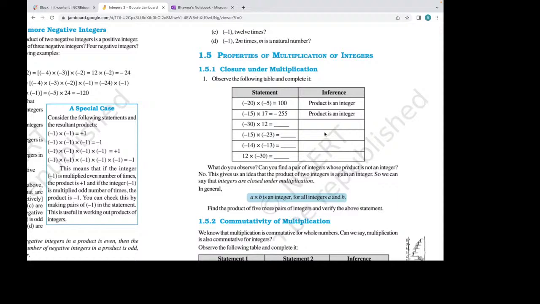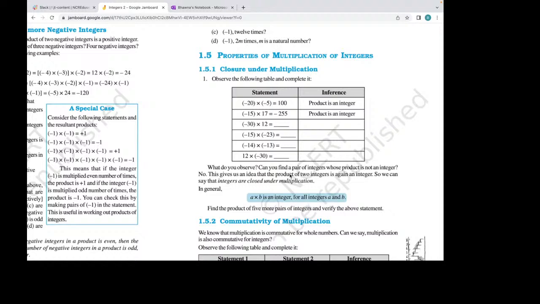So by this we can figure out that integers are closed under multiplication. That means a multiply b is an integer for all integers a and b.